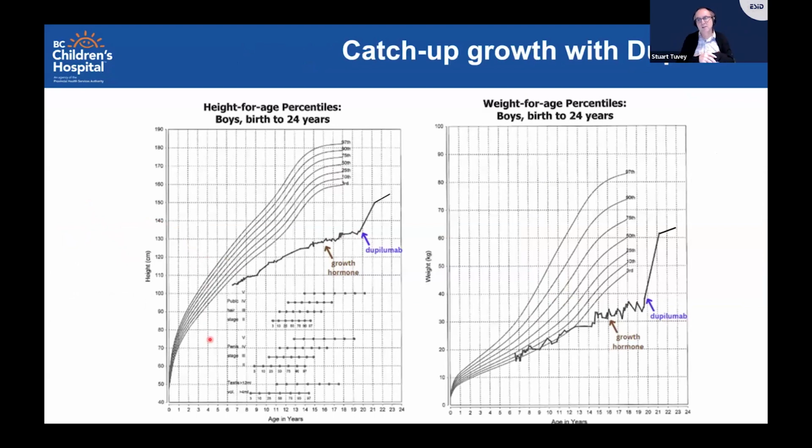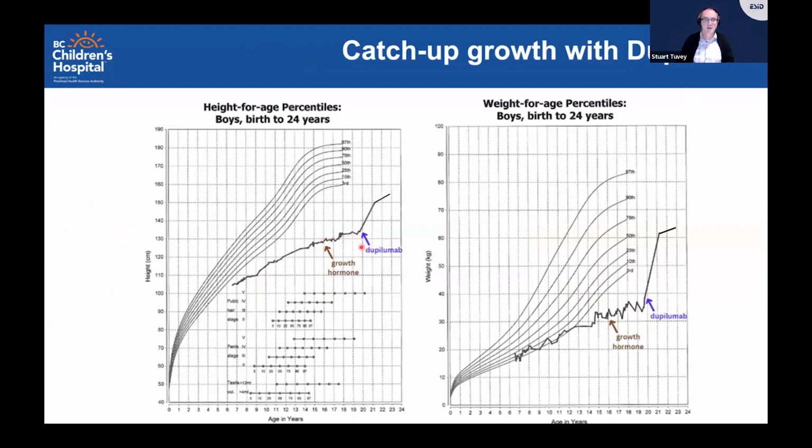But perhaps most powerfully for me as a pediatrician was the effect on his growth chart. This is the same young man who had profound failure to thrive, with his height and weight well below the 3rd percentile. The diligent clinicians in Hong Kong had tried everything, including giving growth hormone when he was around 15, with really no growth acceleration.